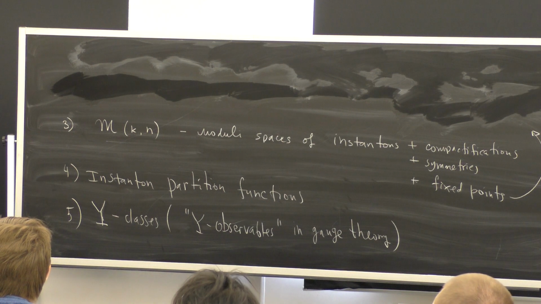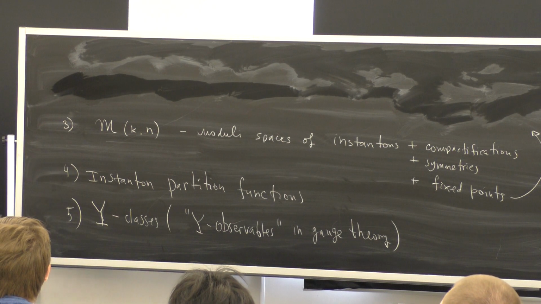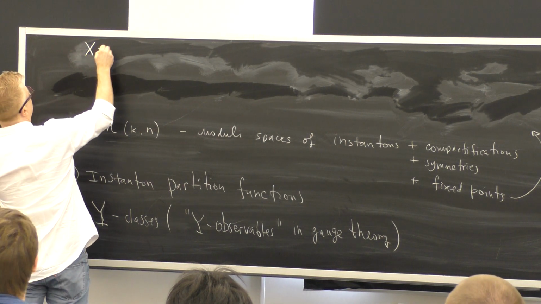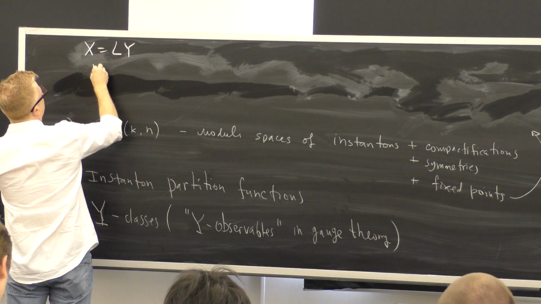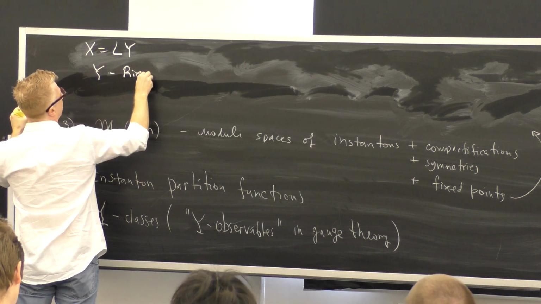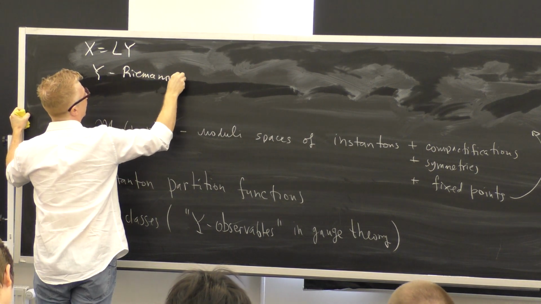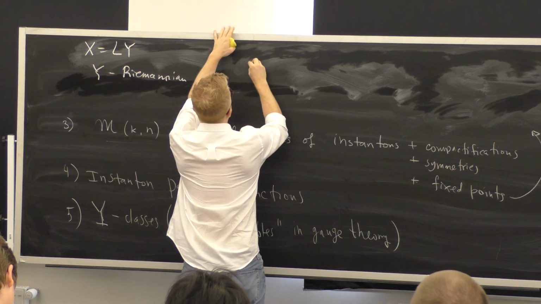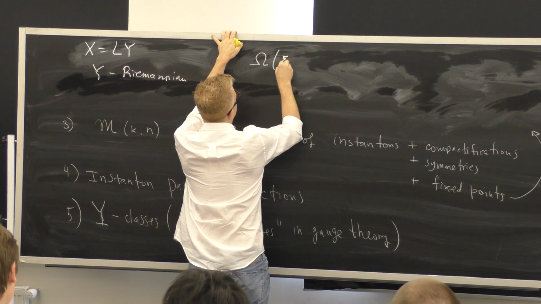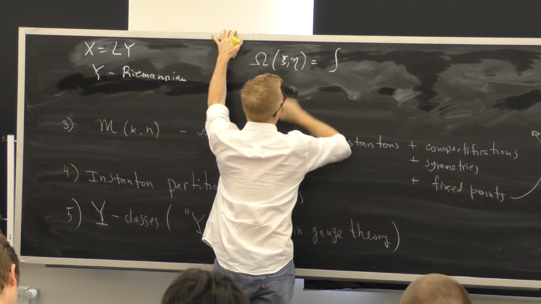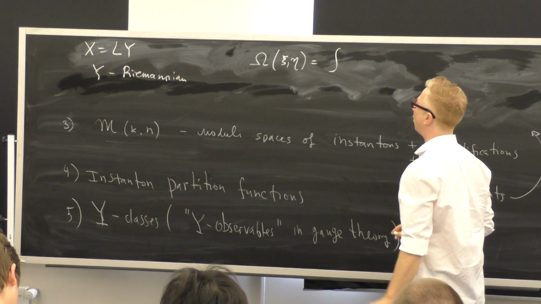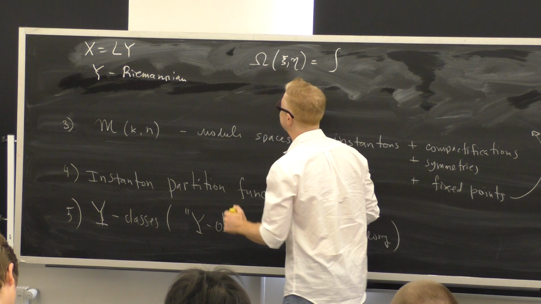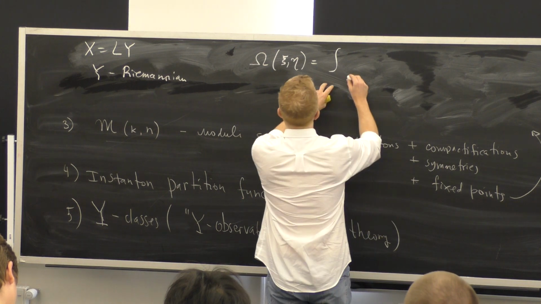So if you take X to be a loop space of a Riemannian manifold, then you can formally define a kind of symplectic form. It's almost a symplectic form, it's not really. Unfortunately, it's not non-degenerate as a symplectic form should be.